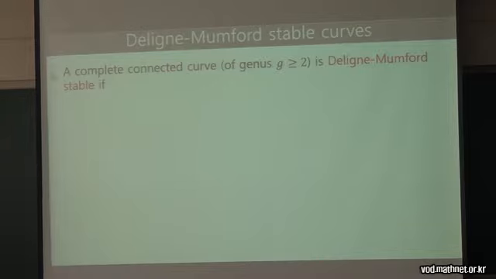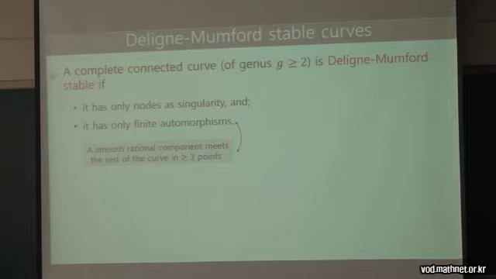And now let me quickly define the stability condition. Deligne-Mumford stable, you probably have seen this before. A curve is Deligne-Mumford stable if it has only nodes as singularities, where a node is just xy = 0, and it has finitely many automorphisms, a finite automorphism group.